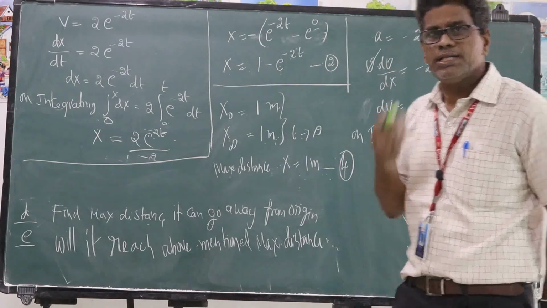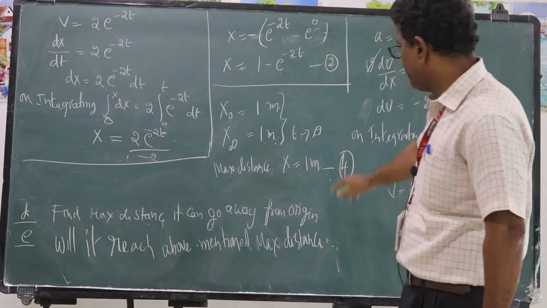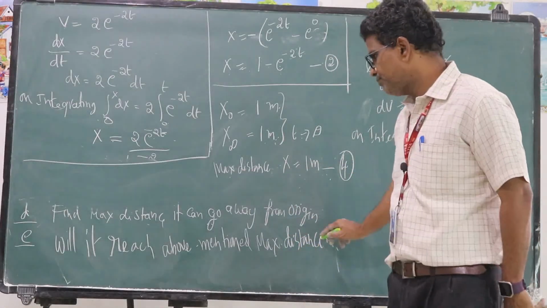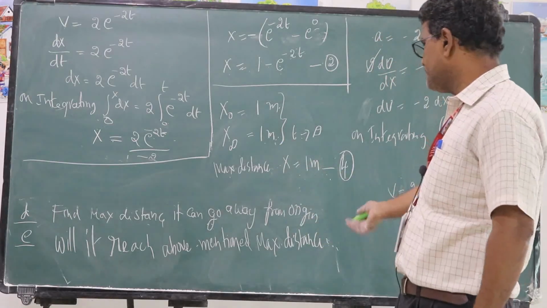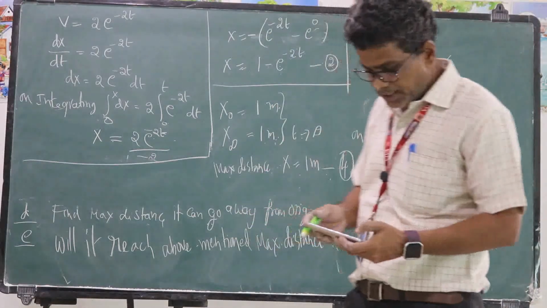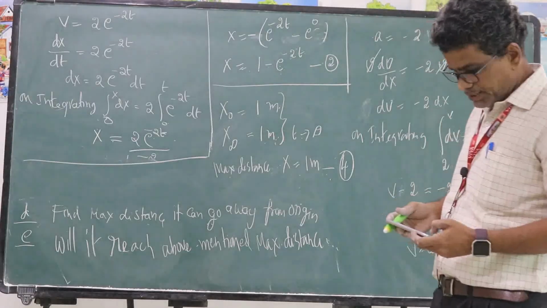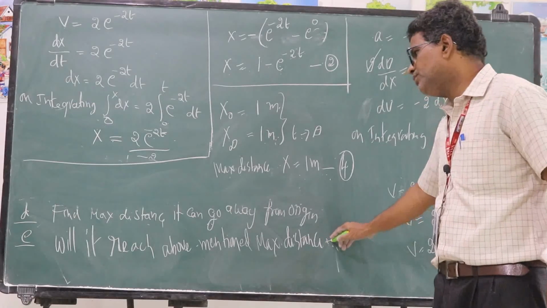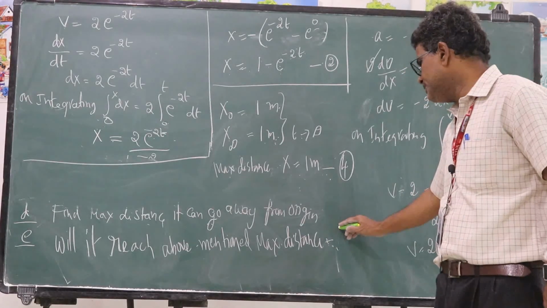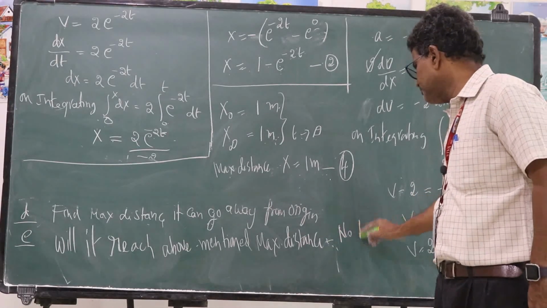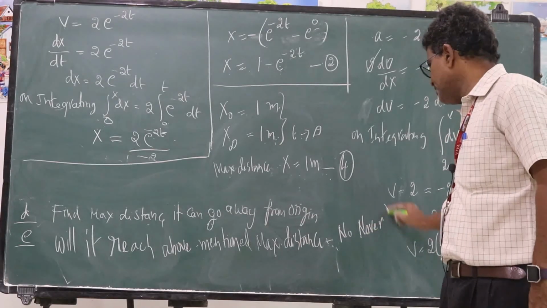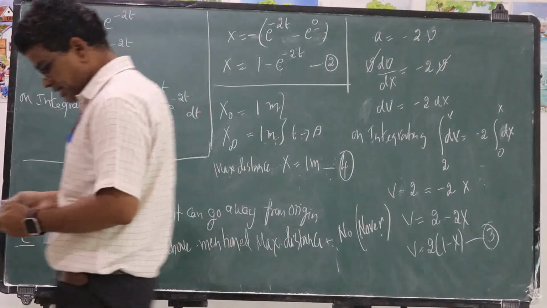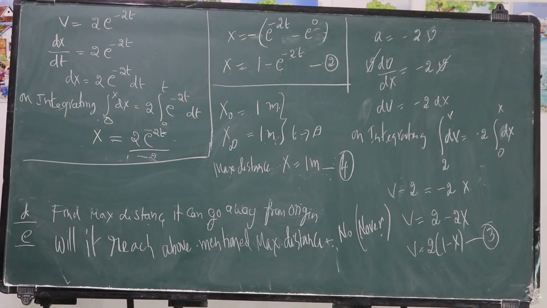So as time goes to infinity, it reaches 1 meter. So is it possible? No. So will it reach the above mentioned maximum distance? The answer is no, never. It never attains 1 meter. So these are the answers for this question.